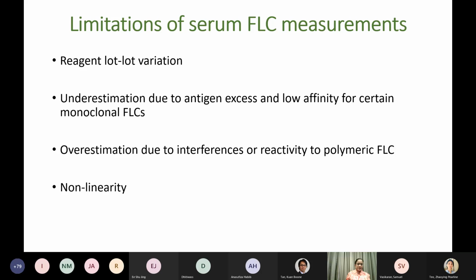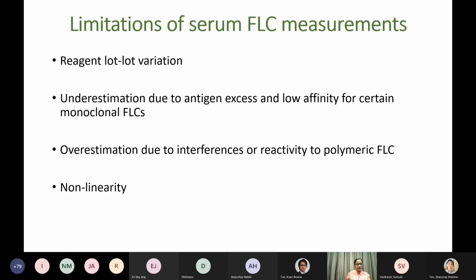Most of the current methods and instruments have automated antigen excess detection techniques, but you can still miss some patients with antigen excess. So you have to suspect antigen excess if there is a high clinical suspicion, or if there is any discrepancy between serum free light chain results and the electrophoresis results.